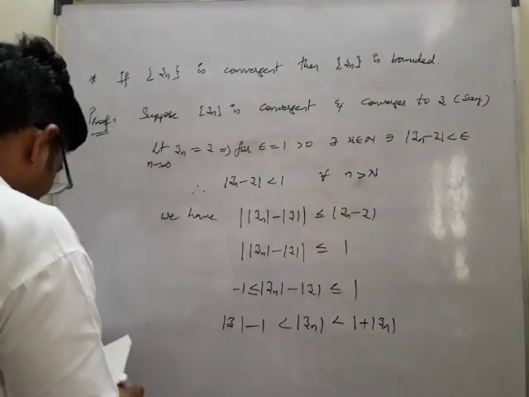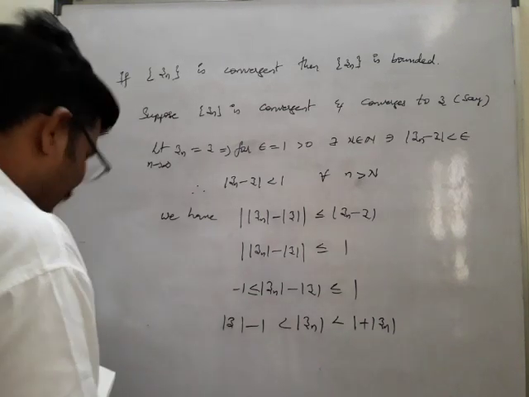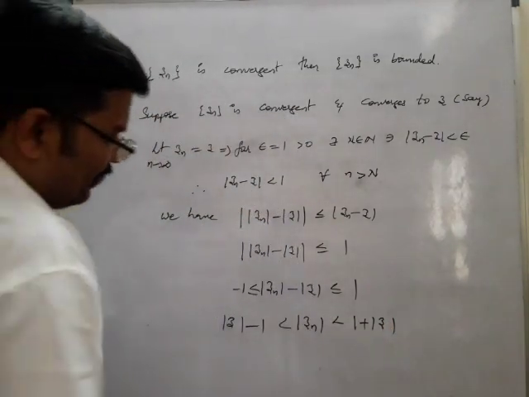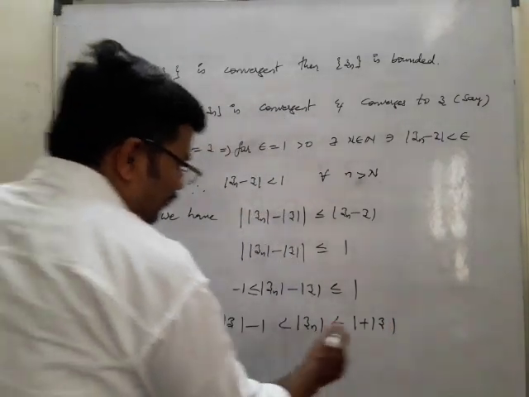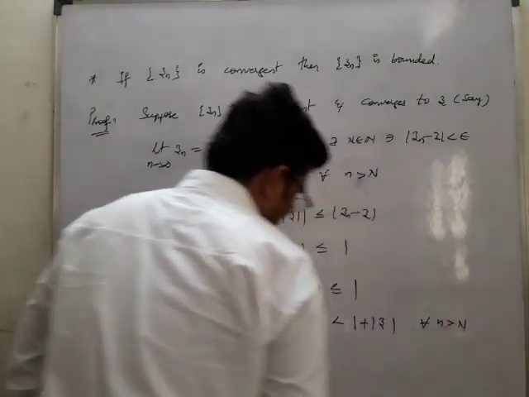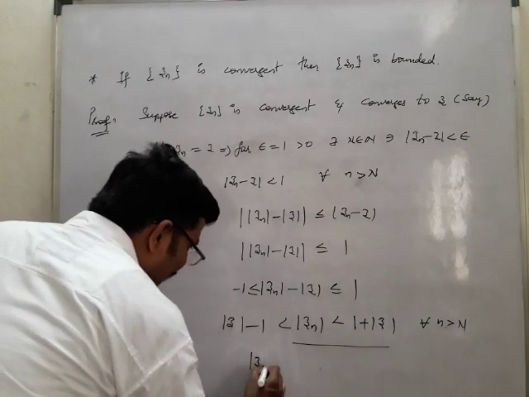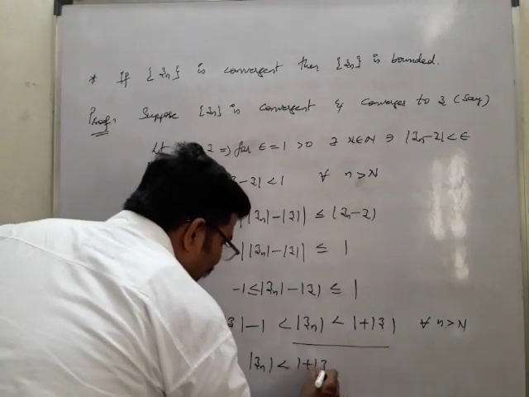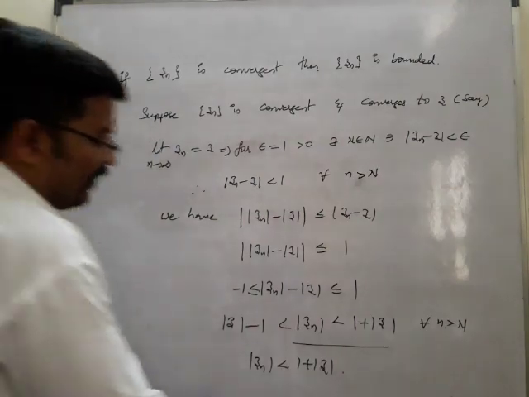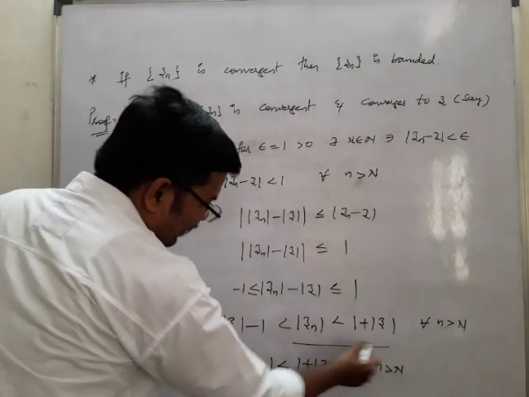So 1 plus mod Z, like this. We will make use of this for all n greater than N. Now we will take this inequality, that is mod Zn is less than 1 plus mod Z. That is what we have, for all n greater than N, which we have chosen.